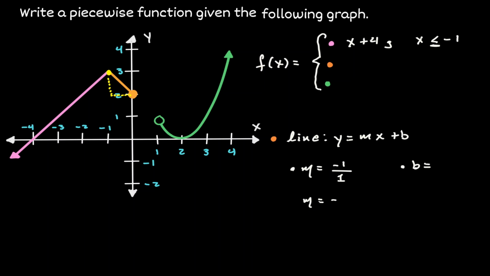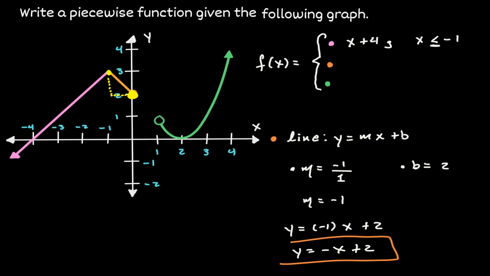Therefore, our slope is just -1. When it comes to the y-intercept, we can see it is part of the graph. It is the value of +2. And now let's plug in the value of m and b in our standard form. We can simplify this as just -x plus 2. So let's plug this equation in our piecewise function.